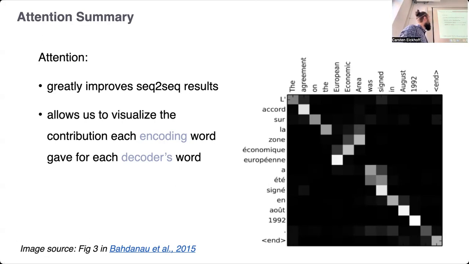But what's going on here? What we can do is, in producing the English translation of this French source sentence here, since at every point, in translating the article here into the English article, I pay attention to the entire French sentence, in different degrees.